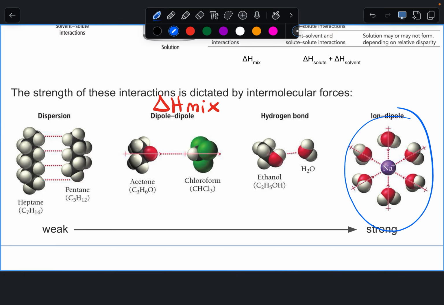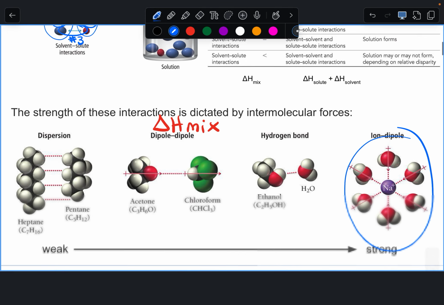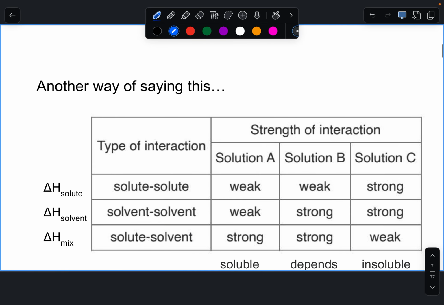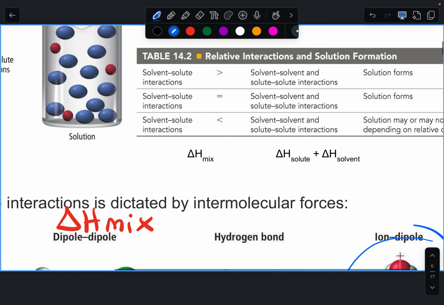So we've got two little charts here to summarize this. There's this one up here, and then there's one on the next page. The one we just did is the first one here. This is the exothermic one.